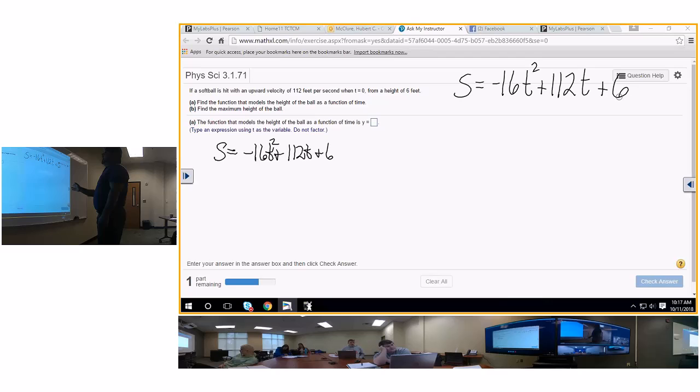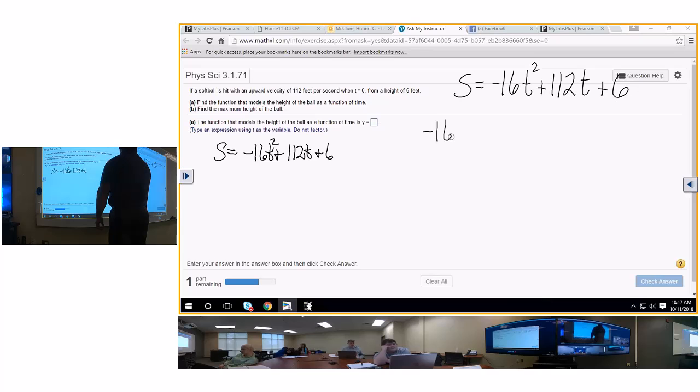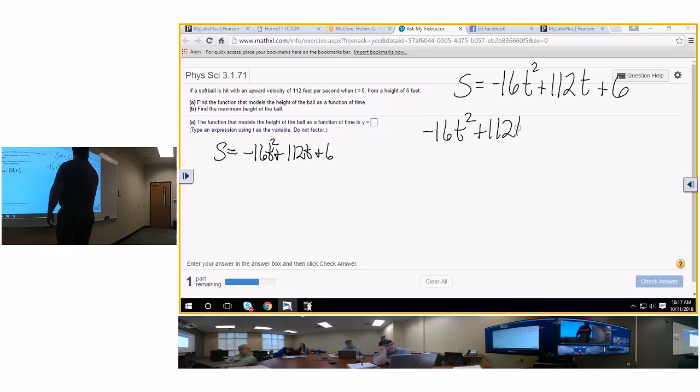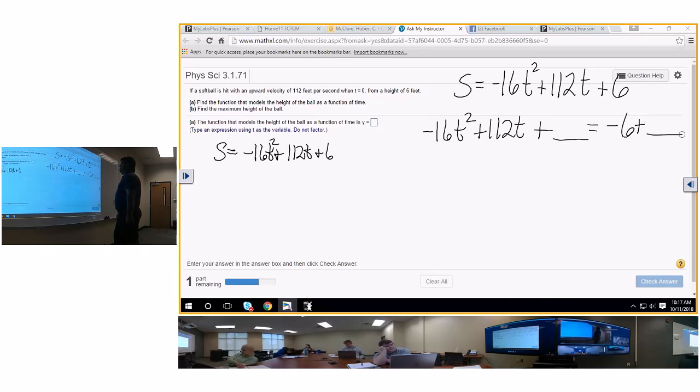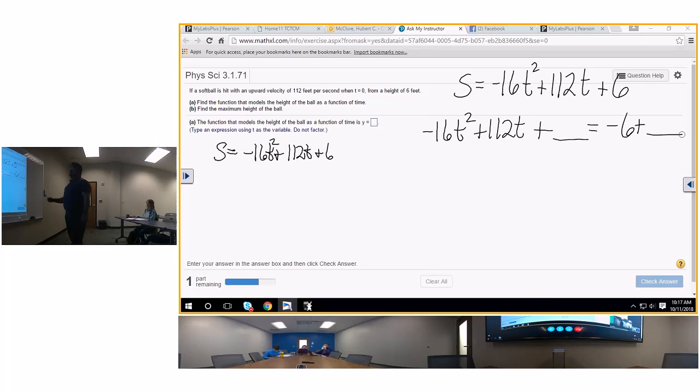See how much better it writes on the right side than it does on the left side? Negative 16t squared plus 112t plus blank is equal to negative 6 plus blank. Somebody divide 112 by 16. What do you get? 7. Good.